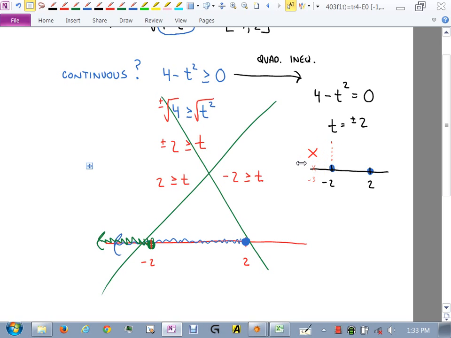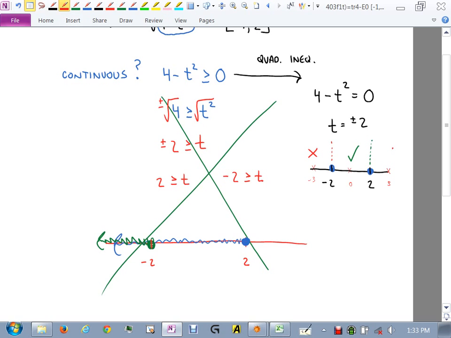Nothing over there works. Then pick something in here. What's something in there? 0. Does 0 work? Yes. So that means everything between negative 2 and 2 will work. You don't have to check the rest. And then you pick something out here like 3. Does 3 work when we plug it in there?